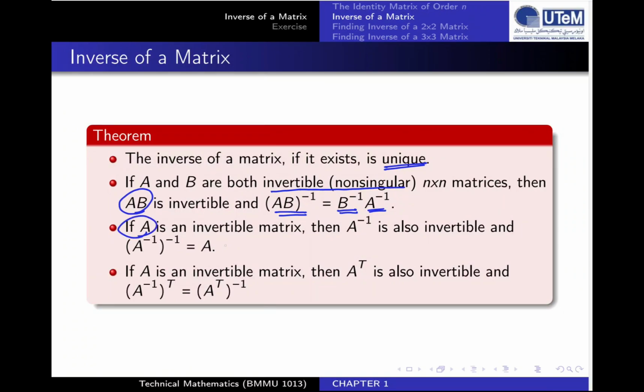If A is an invertible matrix, then A inverse is also invertible, and the inverse of A inverse equals matrix A. And the last one: if matrix A is invertible, then A transpose is also invertible, and (A inverse) transpose also equals (A transpose) inverse.